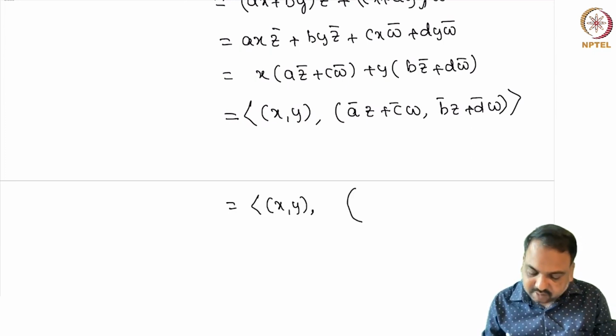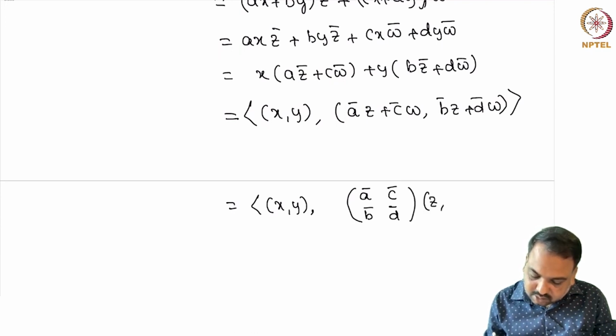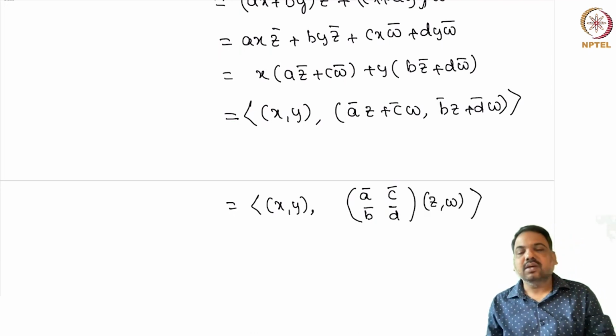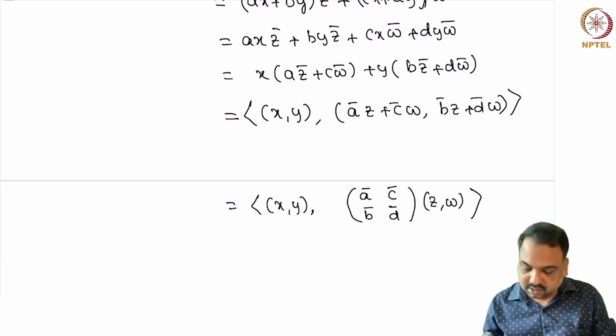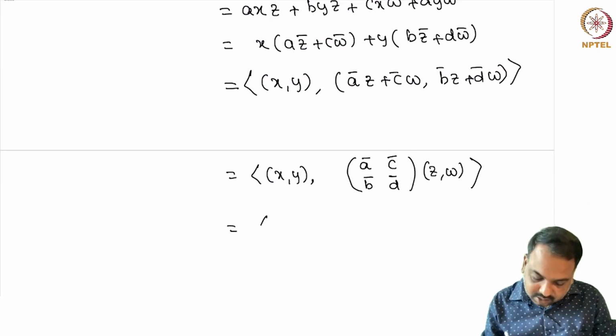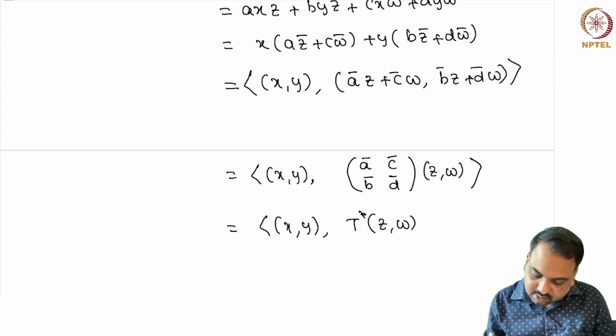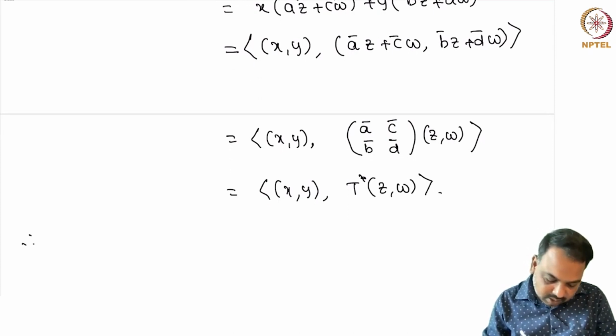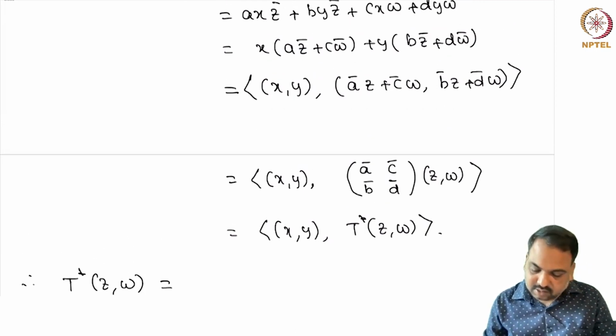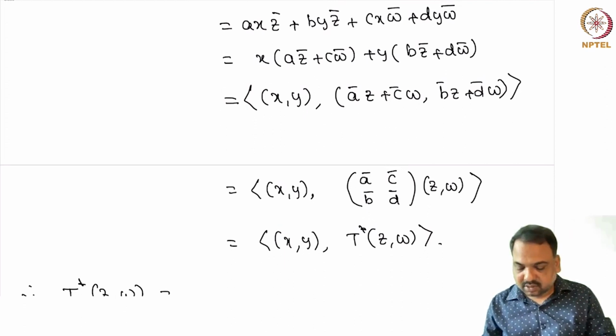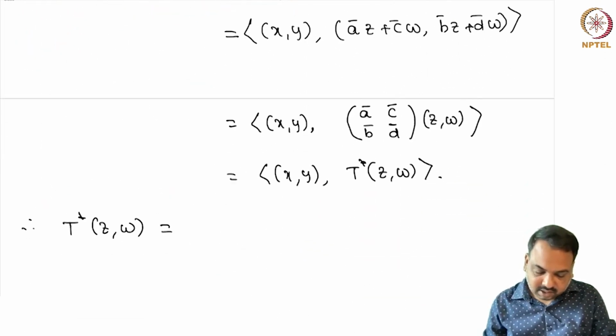So we can write this in terms of a matrix. This is the matrix with rows (a bar, c bar) and (b bar, d bar) times (z, w). Of course we can represent (z, w) as the column matrix. So this is nothing but the inner product of (x, y) with T star of (z, w). That means T star of (z, w) is nothing but, if you look at the matrix with rows (a bar, c bar) and (b bar, d bar), that is exactly the adjoint A star.